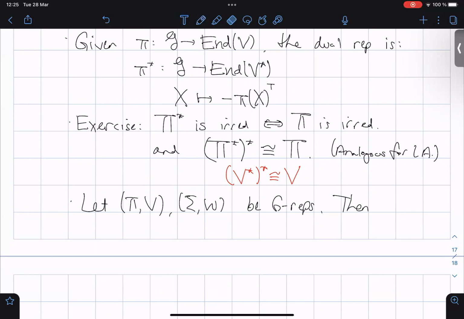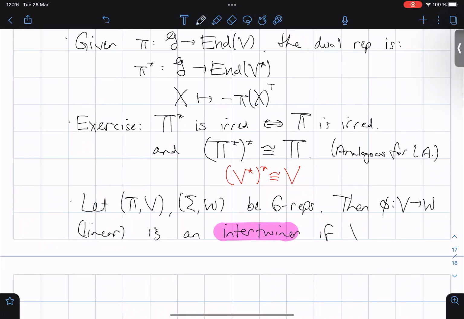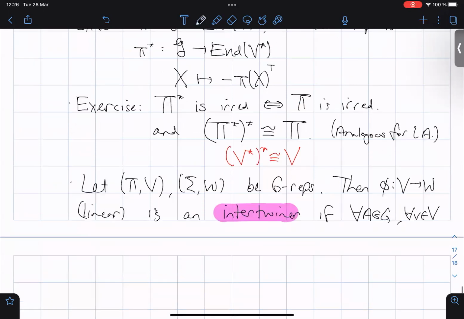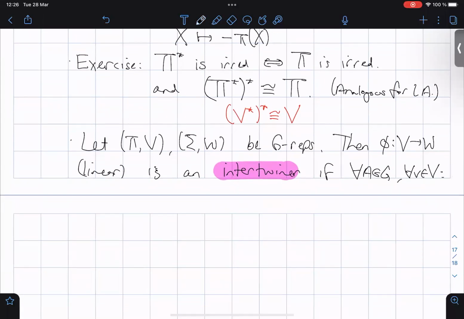So what's an intertwiner? A linear map phi is an intertwiner if for any group element and any element in the vector space, the following diagram commutes.